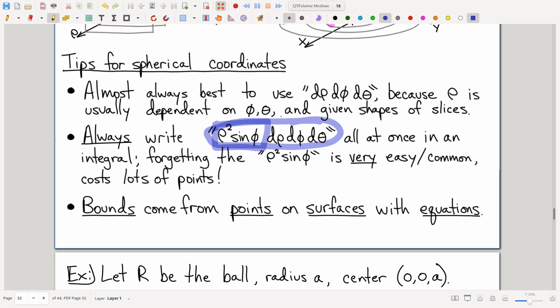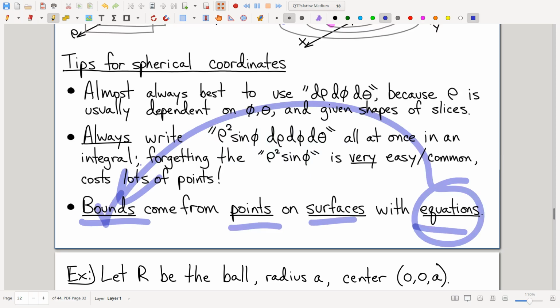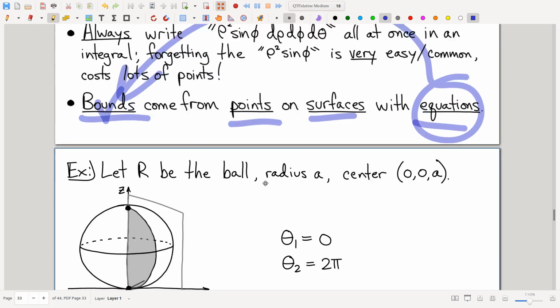This is meaningful. d rho, d phi, d theta by itself doesn't have anything to do with the question you were asked, other than that it's part of something relevant to the question you were asked. So it just makes loads of sense to always write this down all together, all at the same time. And again, strategy matters too, of course. You find the bounds by identifying points and seeing what surfaces, looking at their equations, and then solving for what you want. That's all the same. Let's do an example.